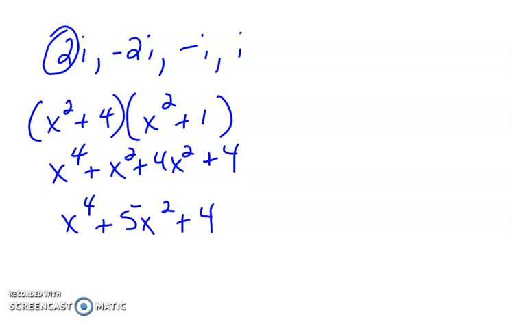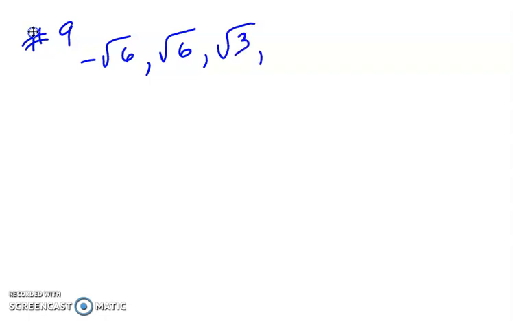So let's look at a problem like number 9, where you have negative square root of 6, which tells me I'm also going to have the square root of 6. You have the square root of 3, which tells me that I'm going to have negative square root of 3. So again, my factors are going to become x squared minus 6, taking whatever that radical is.